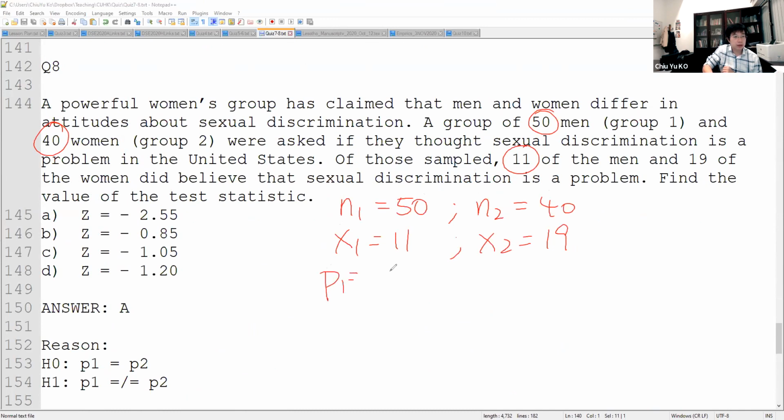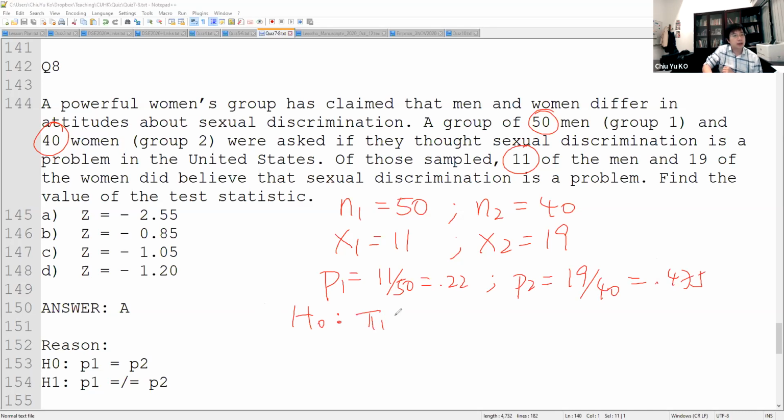So P1, which is 11 over 50, is 0.22, and P2 is 19 over 40, which is 0.475.